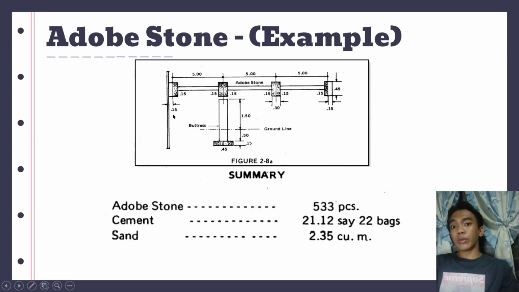Summarizing, in order to build these entire structures in figure 2.8A, we need an adobe stone of 533 pieces, cement of 21.12 or round up to 22 bags of cement, and sand of 2.35 cubic meters.